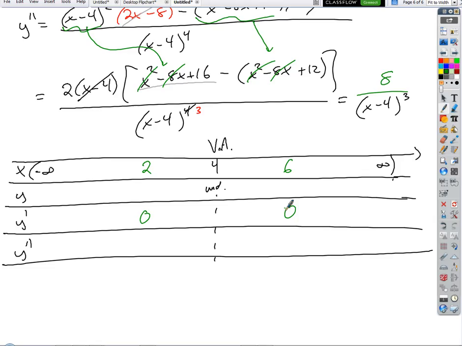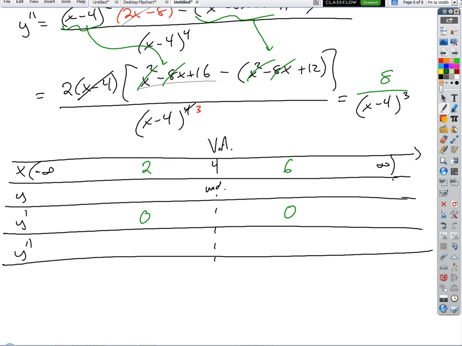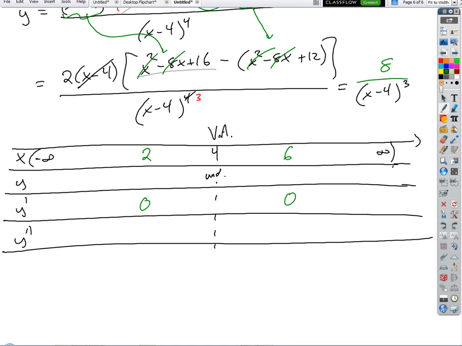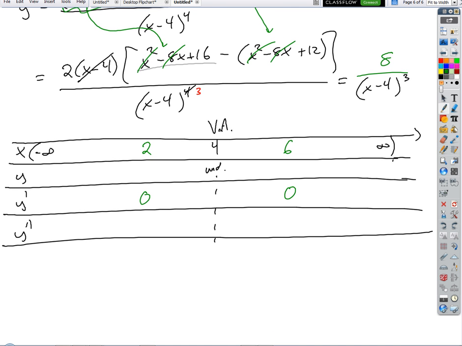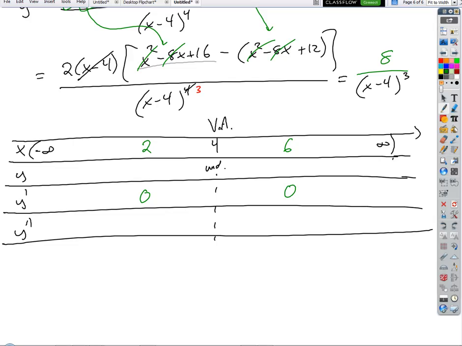So where should I go now? Test points? What should my test points be? No, don't need them. 2 and 6, oh, double prime, right? I'll go down to my last row and kill 2 birds with 1 stone. So what's the sign of the second derivative when x is 2?